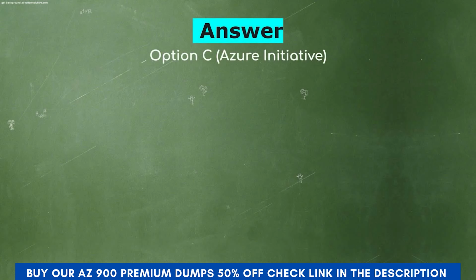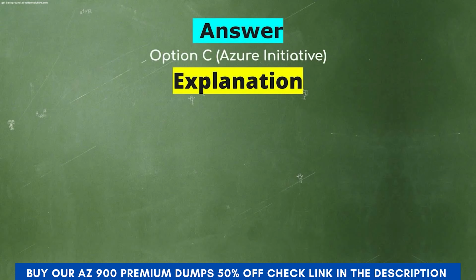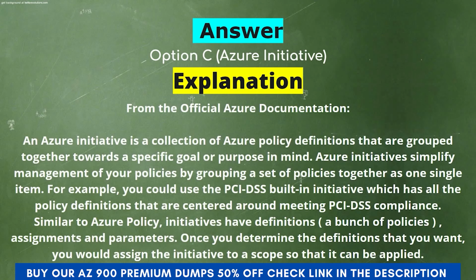Azure Initiative. Explanation. An Azure Initiative is a collection of Azure policy definitions that are grouped together towards a specific goal or purpose in mind. Azure Initiatives simplify management of your policies by grouping a set of policies together as one single item.